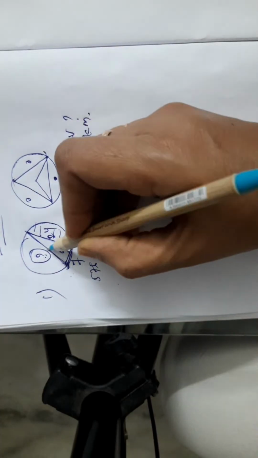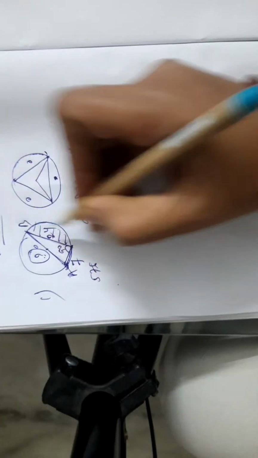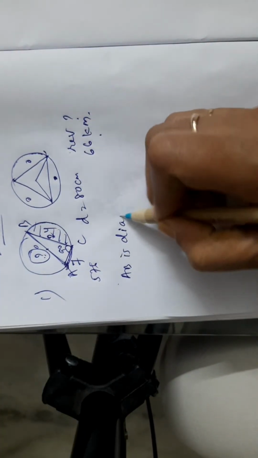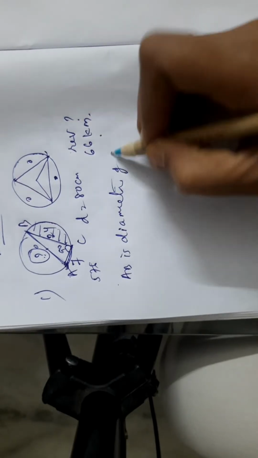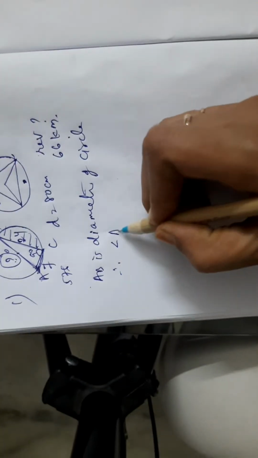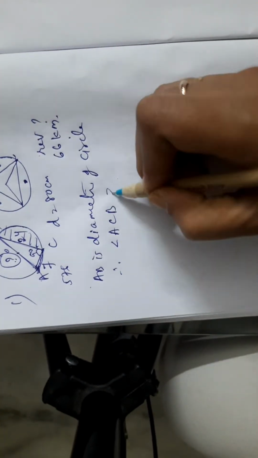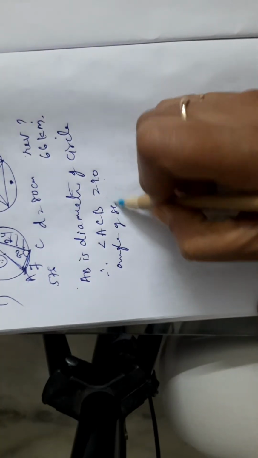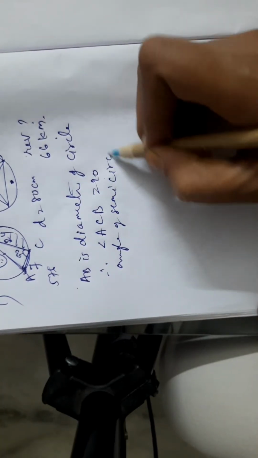Whatever the letters are, I don't remember, so I'm labeling it my own way. AB is the diameter of the circle. Therefore, angle ACB is 90. Angle of a semicircle is always 90.